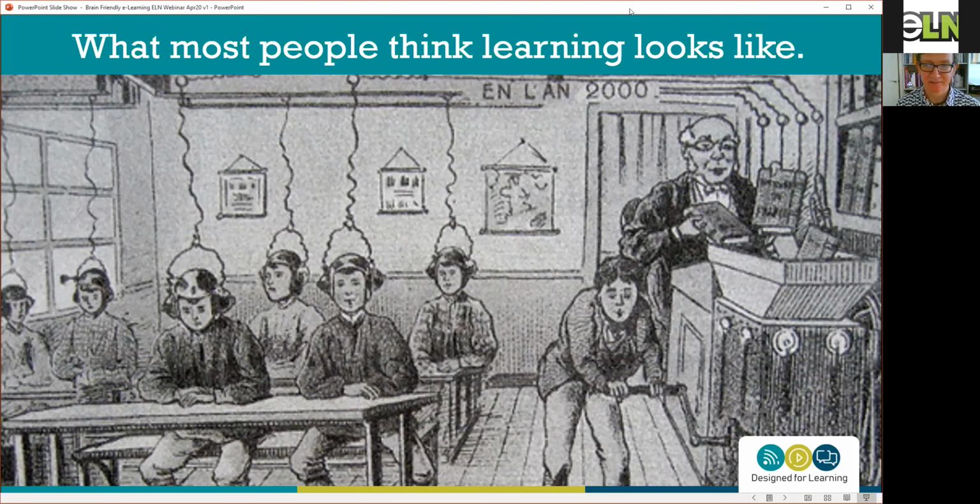And the view is that whatever we put in the machine will go into people's heads, but in practice is learning like this? No, it really isn't. In fact, what's actually happening is most of that information is going in one ear and out the other. There's one guy in the back row looking out the window, so he's not very committed to the learning. But a lot of my clients still think that you can almost inject learning into people's heads. Sadly, it isn't like that.